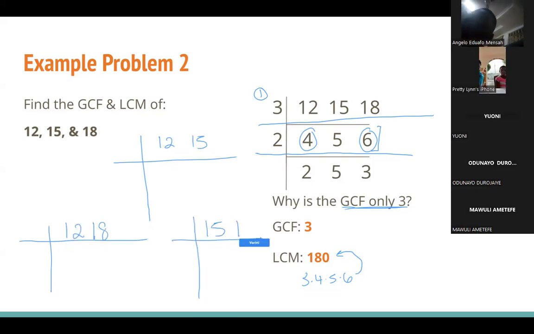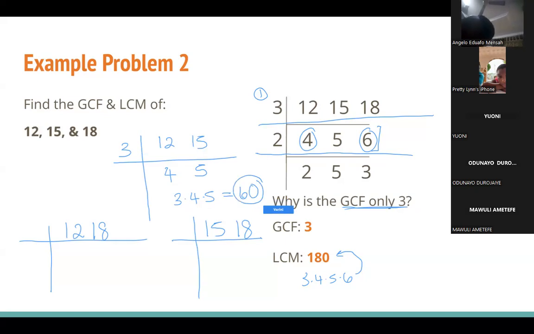So let's break it up into 3 different sets. If we're looking at 12 and 15, if we factor out a 3, then we're left with 4 and 5. But 4 and 5 have nothing in common. So the LCM of 12 and 15 is going to be 3 times 4 times 5, which will give us 12 times 5, or 60.